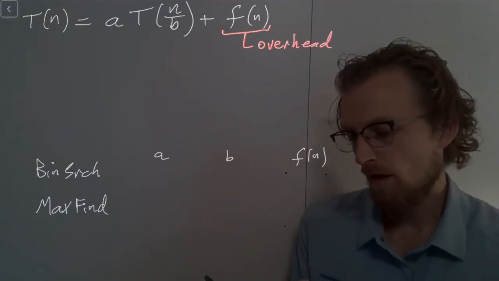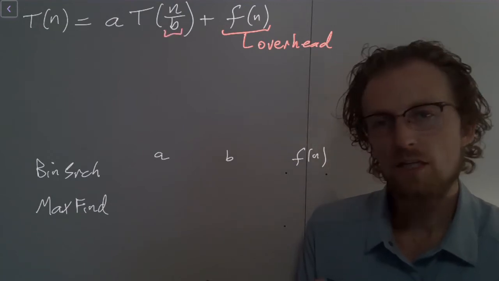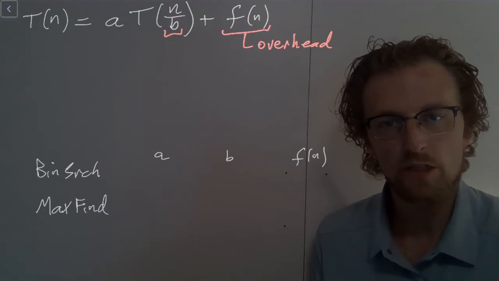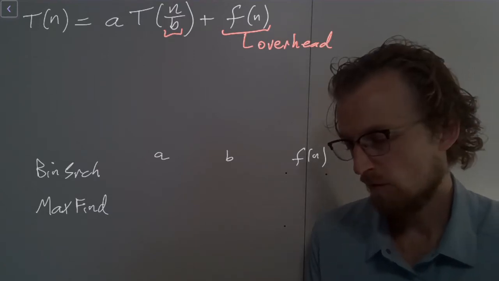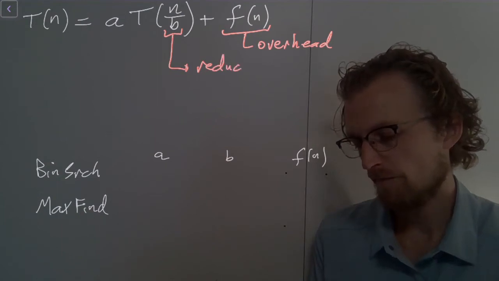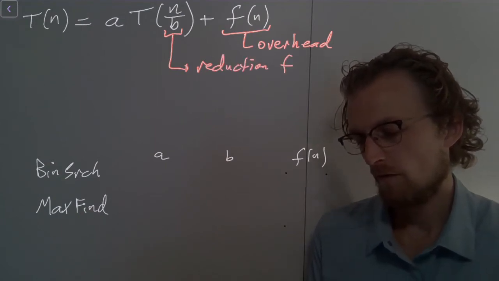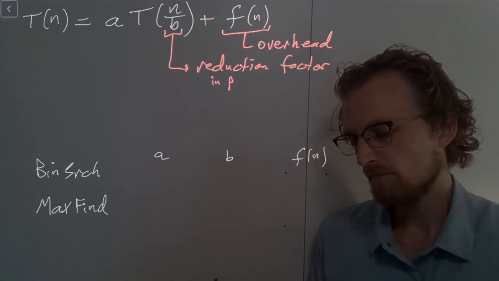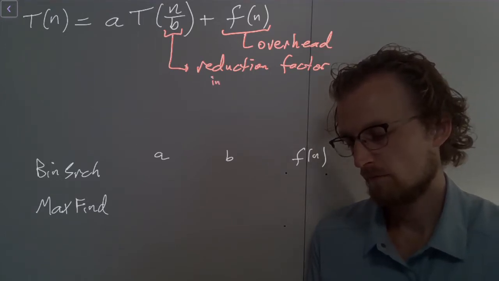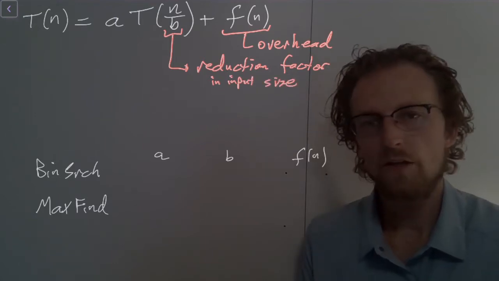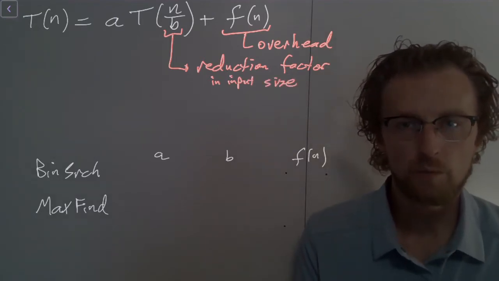Okay? The b is the factor by which we shrink the size of the input each time we recurse. So b here is the reduction factor in input size. So if b is 2, that means we're cutting the input in half.